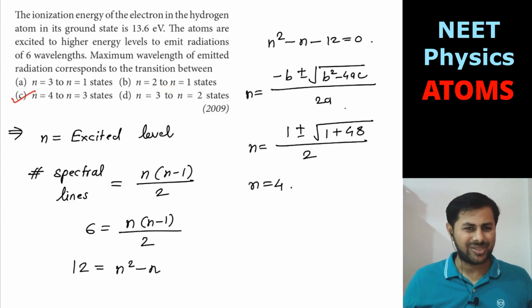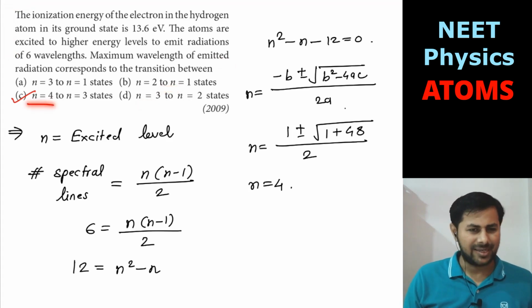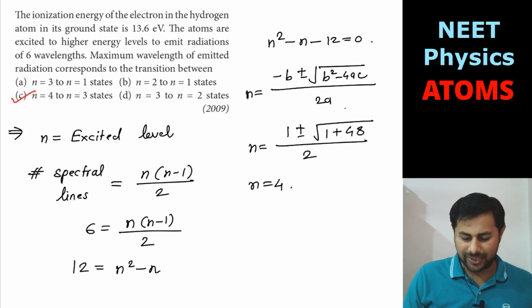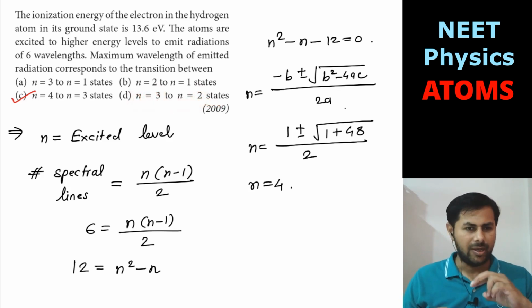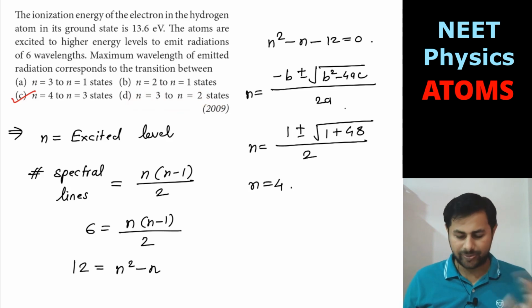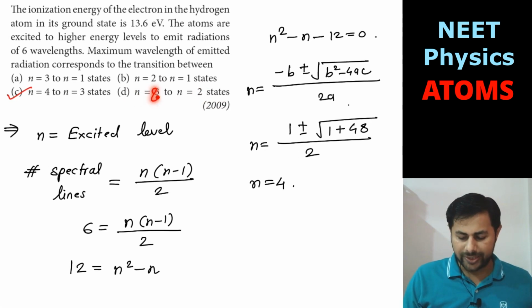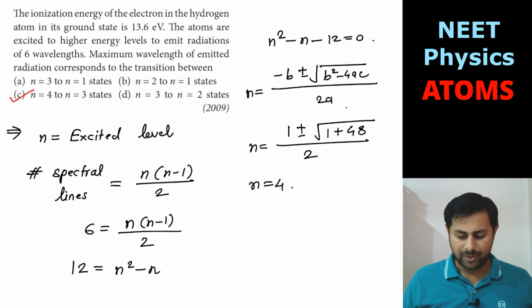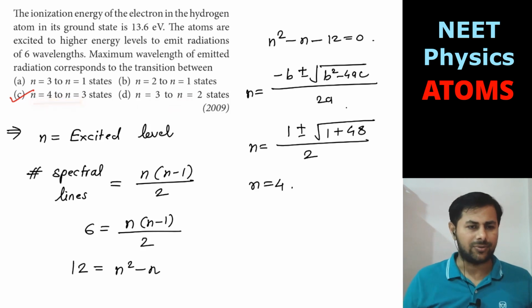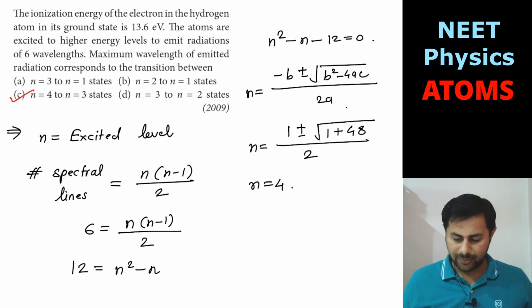What a question setter can do is give this option, and give, let's say, n equals 8 to n equals 7, something like that. And because we know that the energy difference between nearest higher orbits would be lesser, we'll tend to click that answer, right? But that's not correct. That's why we need to check where it goes, right?